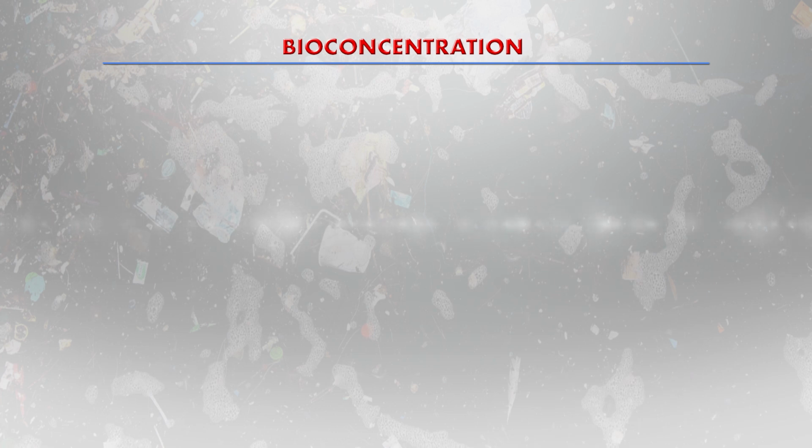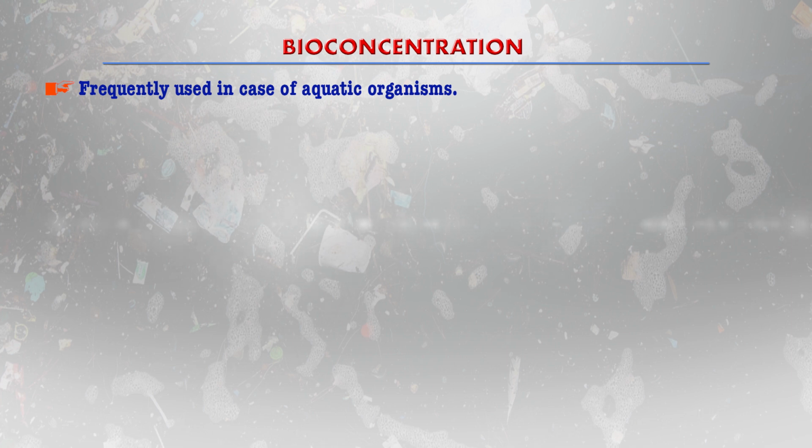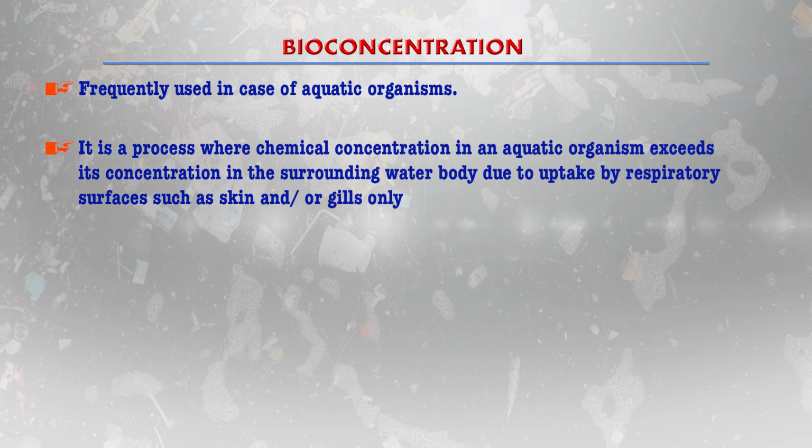Then there is another phenomenon which is known as bioconcentration. This phenomenon is specifically used for aquatic organisms, and it is the process where a chemical's concentration in an aquatic organism exceeds its concentration in the surrounding water body. So, there is a small amount of that chemical in the water body, but it accumulates in the body of living organisms to a very high amount, and generally this uptake is by the respiratory surfaces, skin or gills.